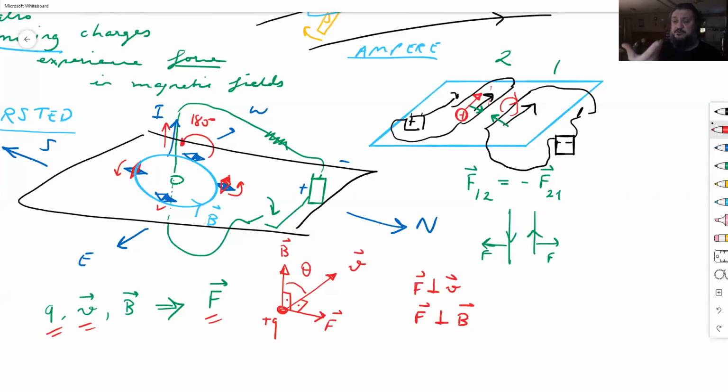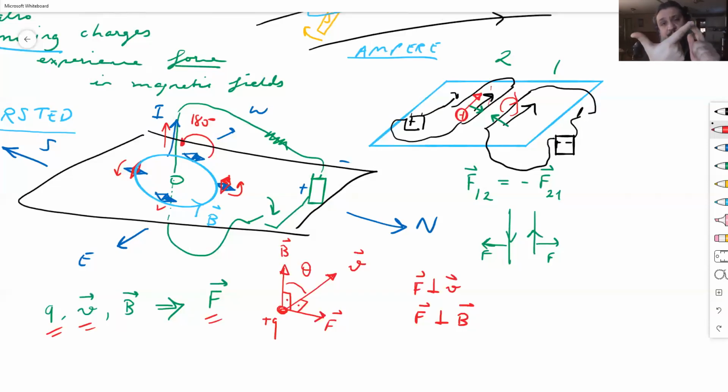Version number 2, use these 3 fingers, a thumb, index finger, and the middle finger. Put your thumb in the direction of velocity, index finger, magnetic field. Okay, any angle between them is okay, except for 0 and 180.